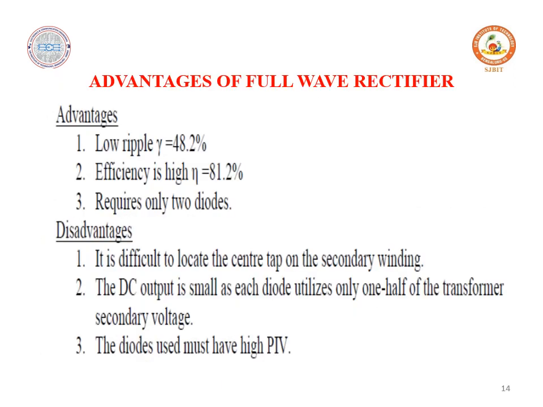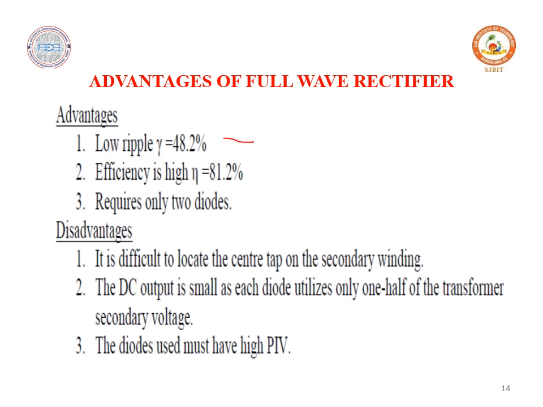We have discussed the half wave rectifier, full wave rectifier, and bridge rectifier, with filters and without filters. Consider some advantages of the full wave rectifier. You know that the half wave rectifier has only 40% efficiency, but the center tap full wave rectifier and the bridge rectifier both have 81% efficiency.